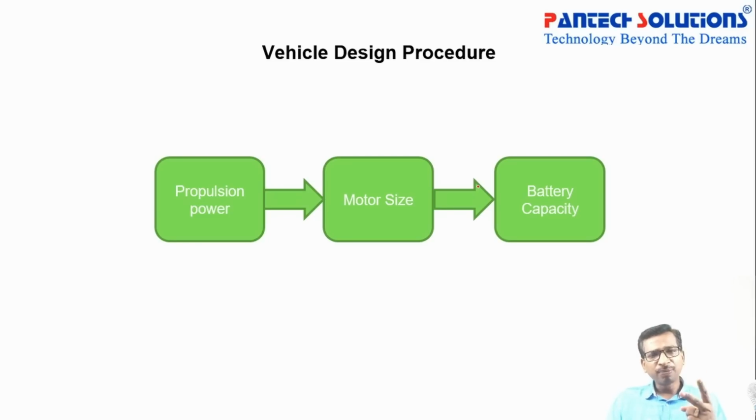From these two factors, you can identify your vehicle body. Once you have these details, you can go for the motor size, because from this total weight we can decide which motor and what range to use. Once you know the motor size, you can select the battery capacity. Once you have decided the battery capacity, you can go for the charger. So the design cycle comes to an end.